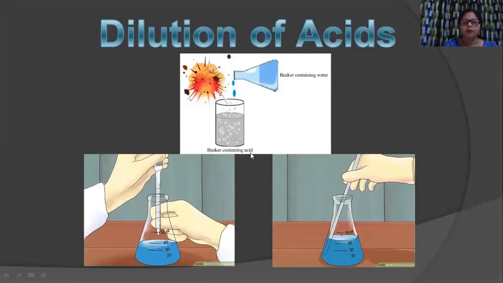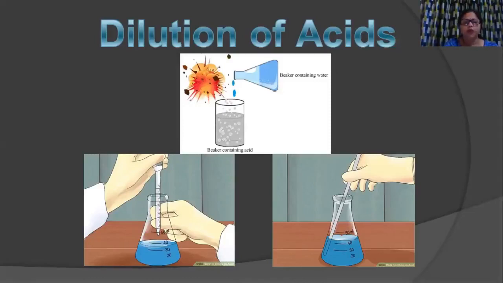Always remember that whenever we have to dilute an acid, we will never add water to acid, because this process is highly exothermic. A highly exothermic process means a large amount of heat is produced, and if any person tries to add water to acid, the person will get severe burns.